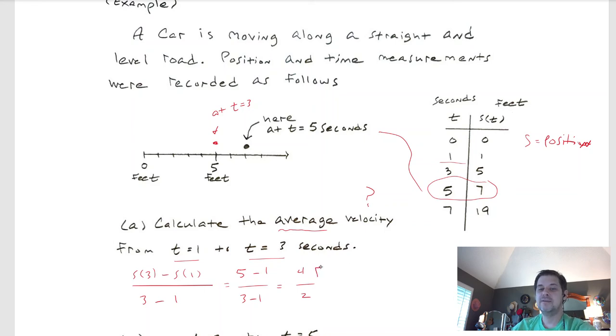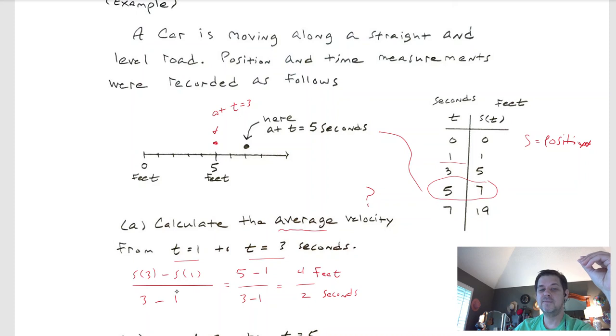So what that tells me is that from time t equal to 1 over to t equal to 3, we have moved 4 feet. And from t equal to 1 to t equal to 3, there have been 2 seconds of time passing. You see? So this measures, it turns out, how many feet the car has moved.